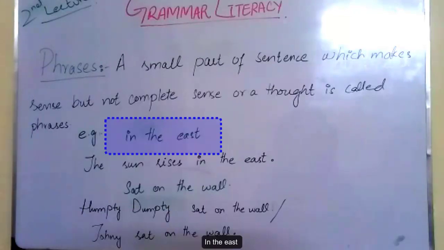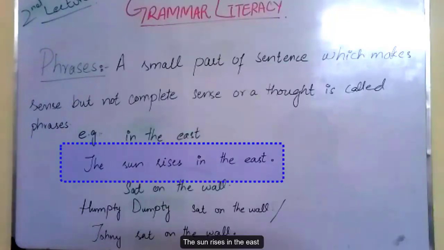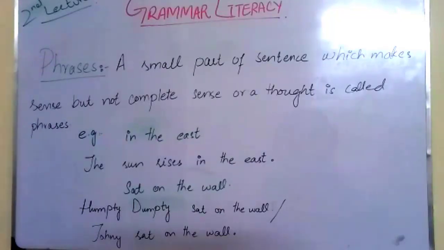For example, in the east. Viewers, what is the first thing that clicks in your mind? In my mind, the first thing is the sun rises in the east. But it could be any other possibility, for example someone asking where the masjid is located. The masjid is located in the east.